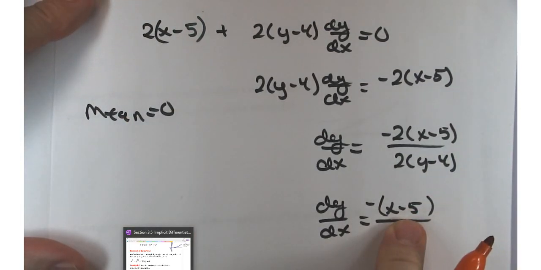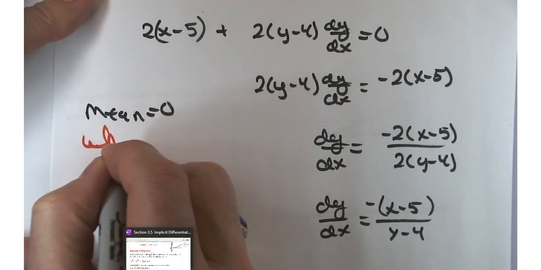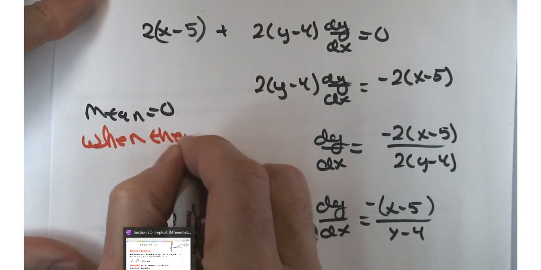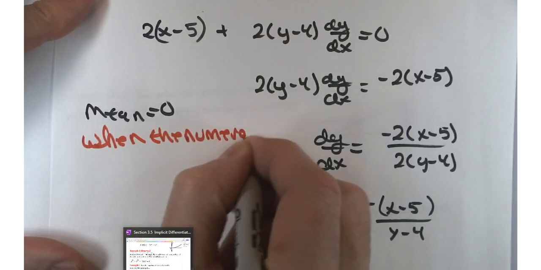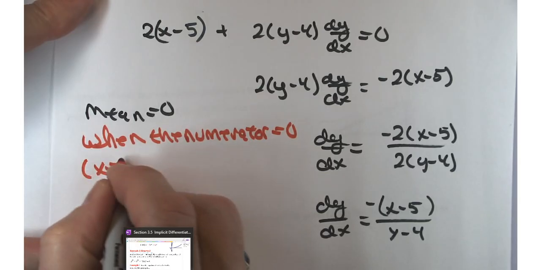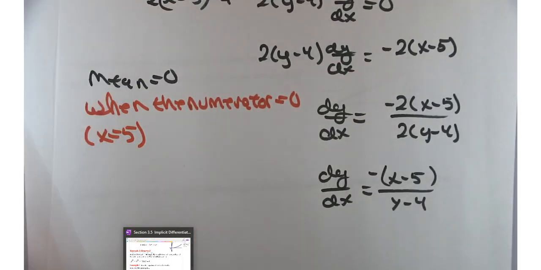What value of x would make this 0? 5. Yeah, when the numerator equals 0, so when x equals 5. Great.